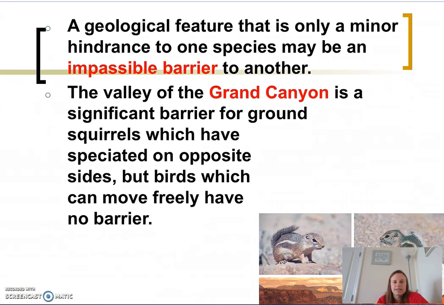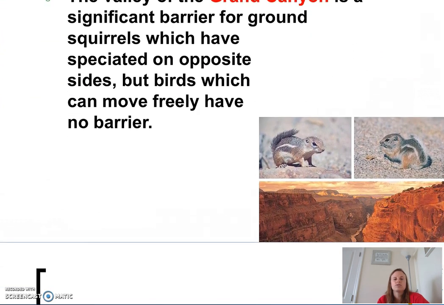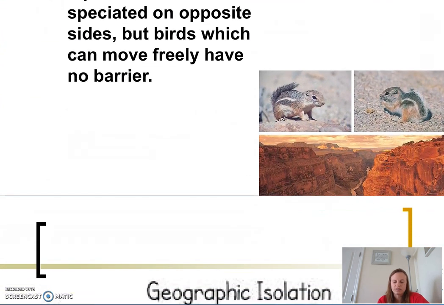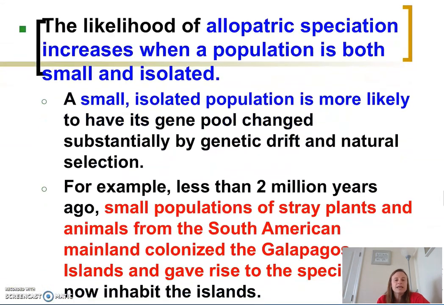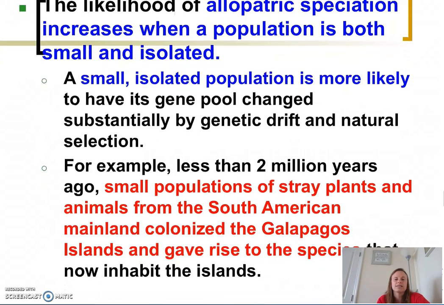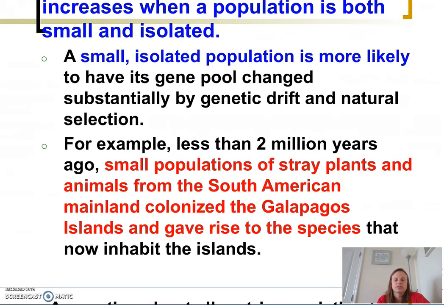The Grand Canyon, like we said, is an impassable barrier, and what ended up happening is that you've got two different species of squirrels on either side. The likelihood of allopatric speciation increases when a population is both small and isolated. Like we mentioned, islands are often isolated, so it's more likely that you're going to see allopatric speciation.